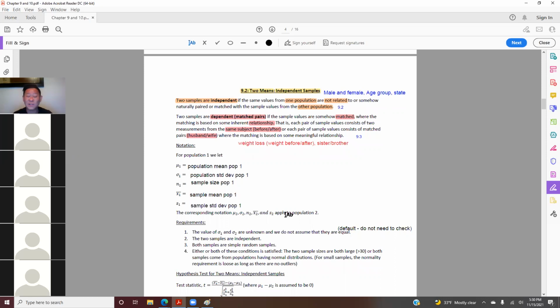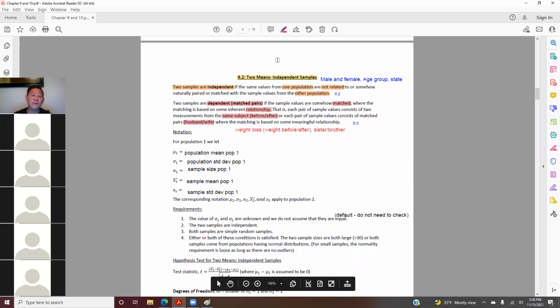It's no change, it's always the same as this. So we always assume that sigma1 and sigma2, the population standard deviations for population 1 and population 2, are not known to us, and we assume that these two are not equal, not the same. So you do not need to check this. What you need to check are actually numbers 2, 3, and 4.